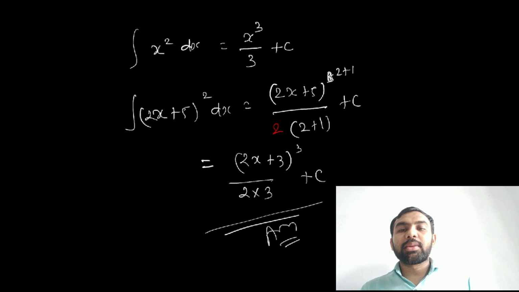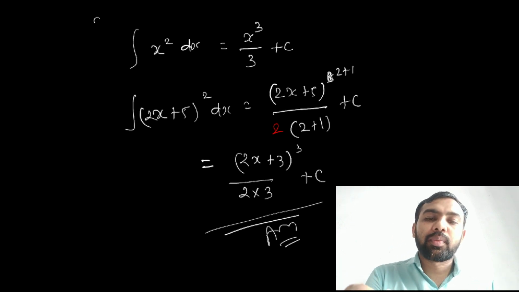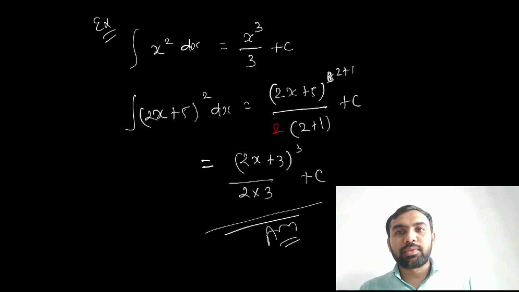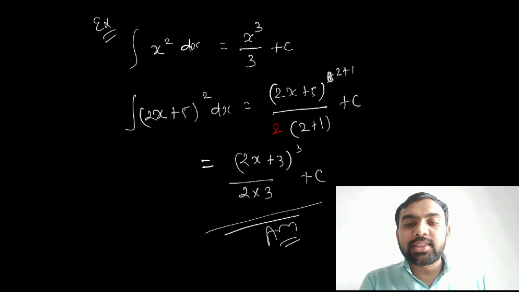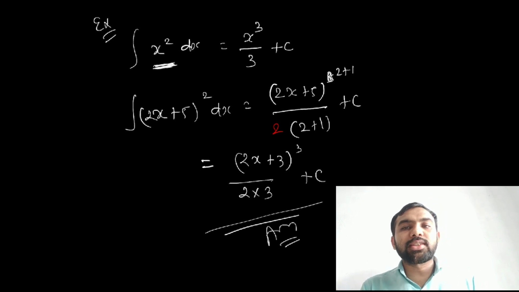Okay, you must remember, that is one example for integration. In this way you get the answer. You must remember how we use the rule. If only x alone is given to you, you just use the rule directly, raised to n plus 1 upon n plus 1.